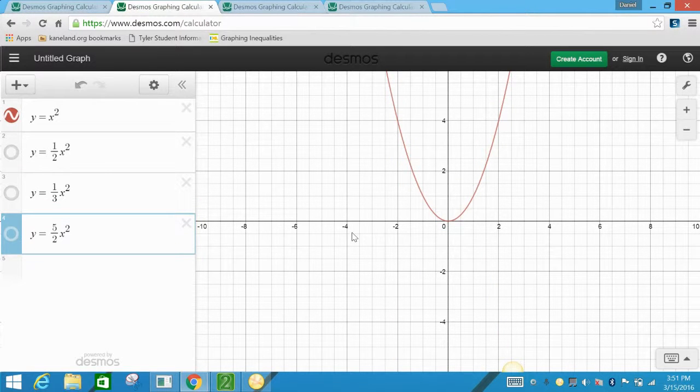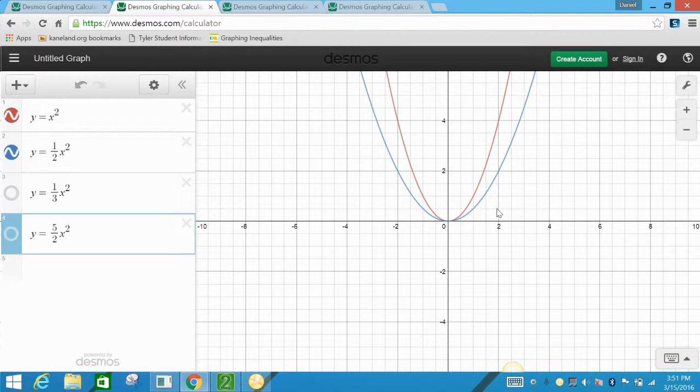Now we're going to go back to our parent function, and look at ones that have a fraction in front of it that's less than 1, so 1/2. Let's take a look. Now this graph became a little bit more wide. Why is that? If you think, you're taking all your outputs from your parent function and now we're multiplying them by 1/2, or cutting them in half.